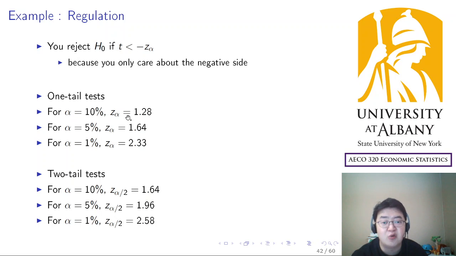Smaller than minus 1.28 is too small. But previously, too small was defined by minus 1.64.